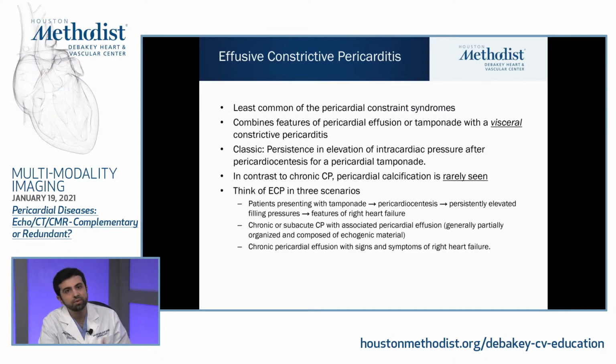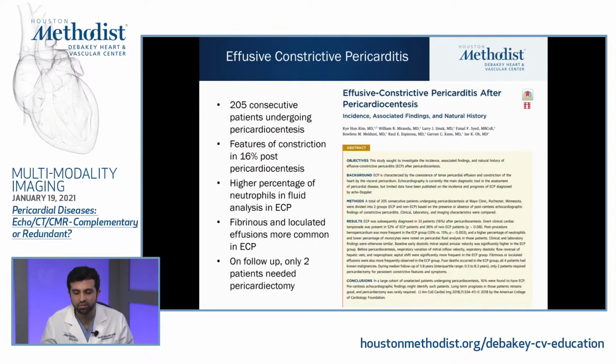Or someone who's had a pericardial effusion for a long time and still has, or comes in with heart failure symptoms. Think of all of the end-stage renal disease patients, the breast cancer patients that have these effusions for the long run, and eventually come in with heart failure. So effusive constrictive pericarditis is, I would argue, quite underdiagnosed.